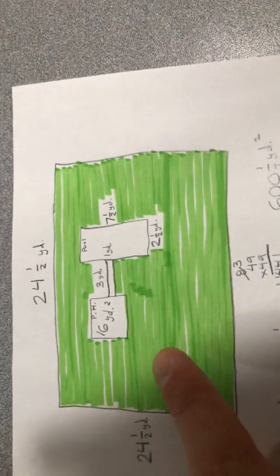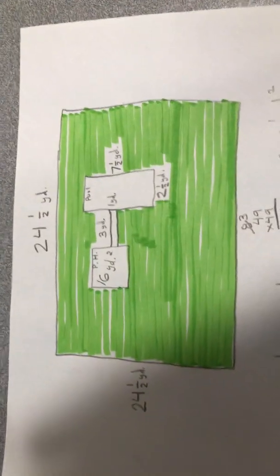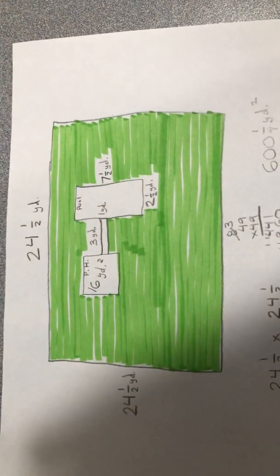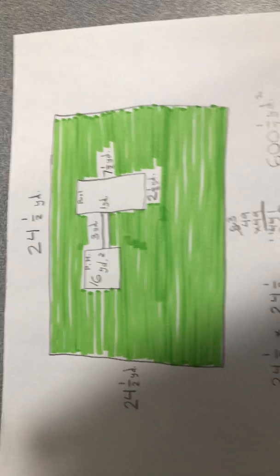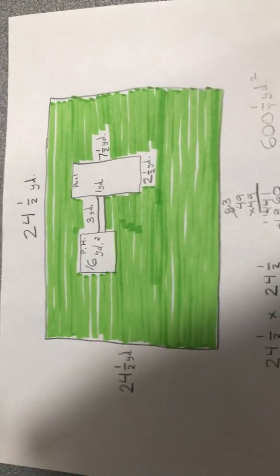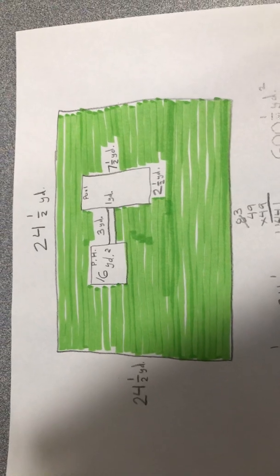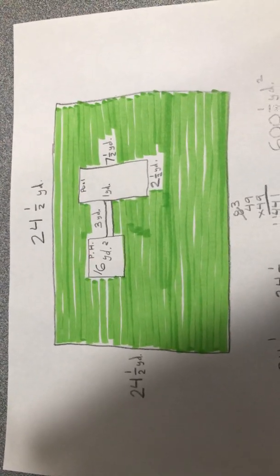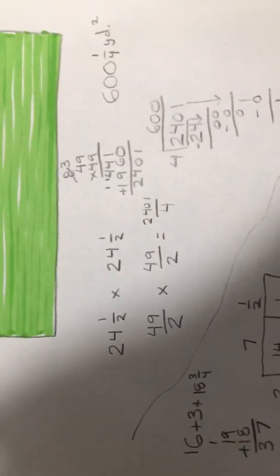So I used a green highlighter to showcase that's where he's going to put his grass all around the pool area stuff. So first thing I did was I multiplied 24 and a half times 24 and a half. So what I did was I did the standard algorithm.